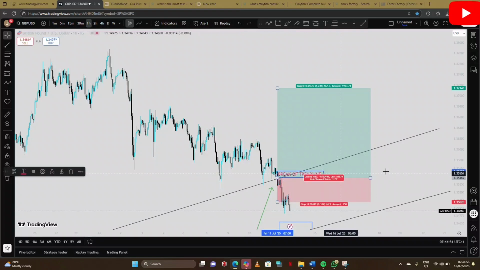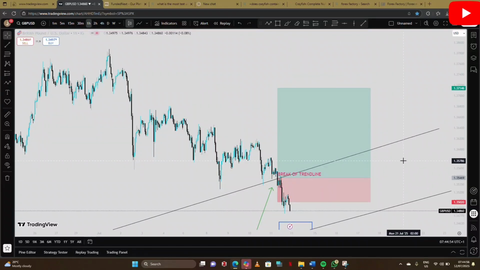So at this point here, we had a break of the trend line. That is, the market came to your point of interest, which is a trend line, and passed through it and broke it, and keeps going down.